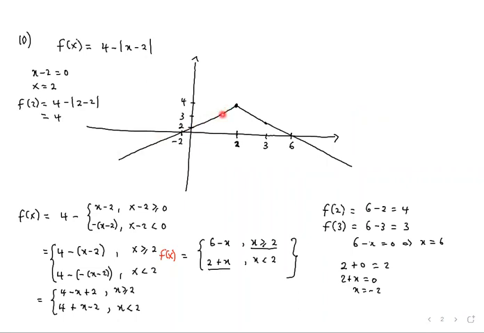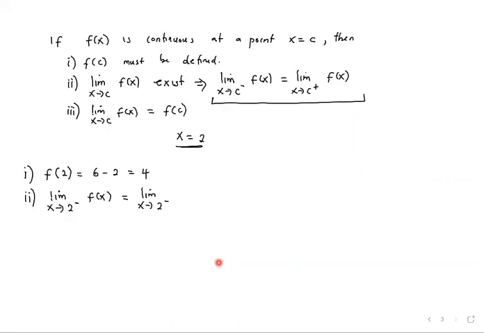Now this function is 2 plus x, meaning for us to find this value, we'll use 2 plus x, and the limit of such functions, you substitute. The negative does not become part of x. The negative just shows us the direction.